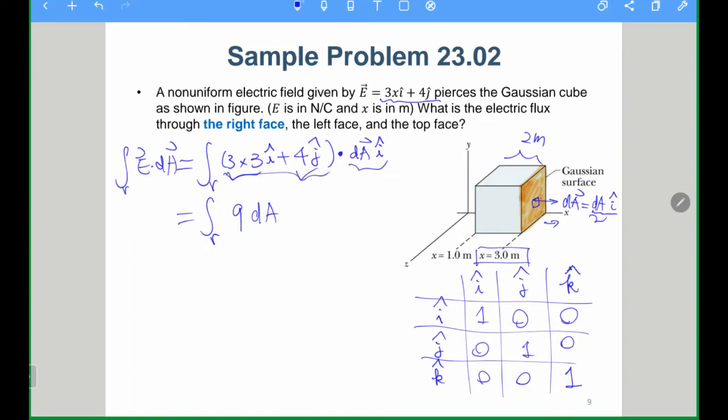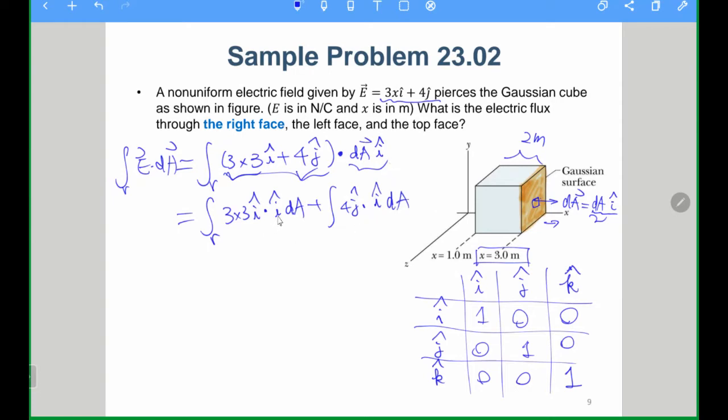Maybe I can write one more step: 3 times 3 i hat dot i hat dA, plus 4 j hat dotted with i hat dA. I just swap the order of dA and i hat.